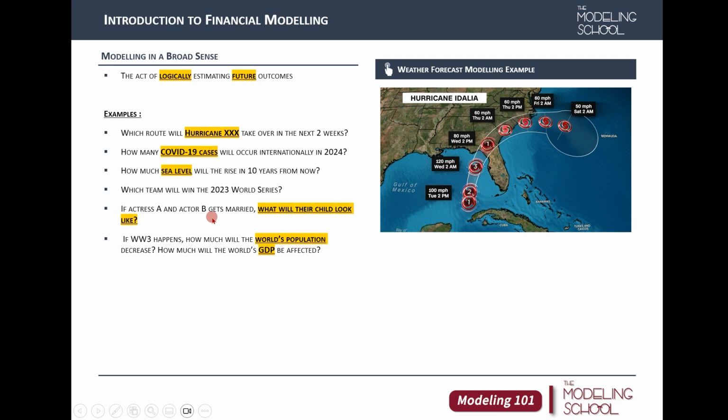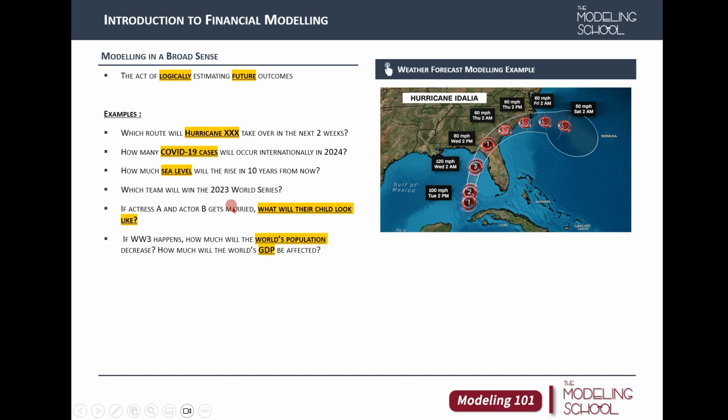In some cases there are rumors or news in the entertainment section that actress A and actor B are going to get married, or that there's a huge scandal that they're secretly meeting somewhere. Sometimes people post pictures of what their child or baby would look like, especially if actress A and actor B are so beautiful and handsome.